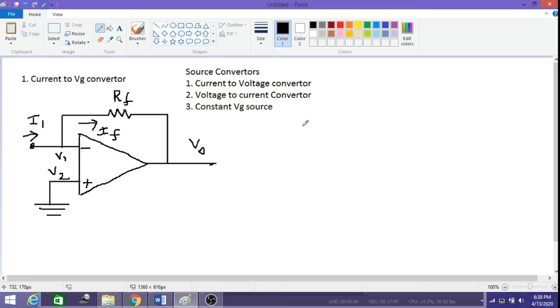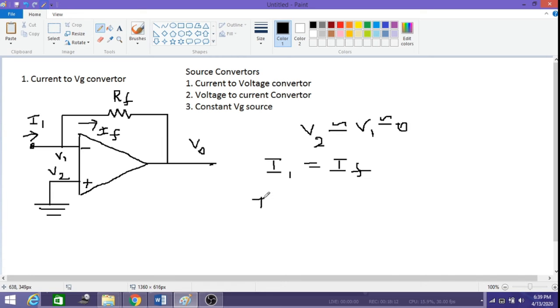Due to the virtual ground concept, since V2 is grounded, which is approximately equal to V1, which is approximately equal to 0, we have only two currents at the node V1, that is I1 is equal to IF.